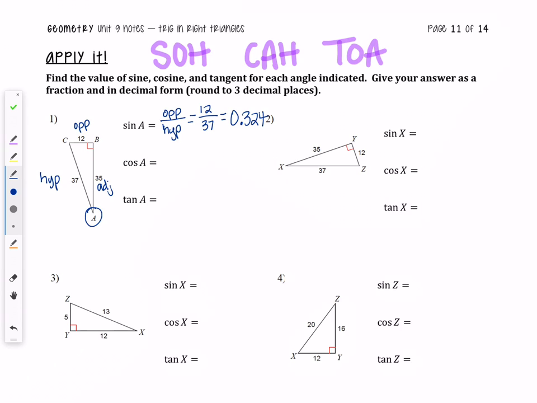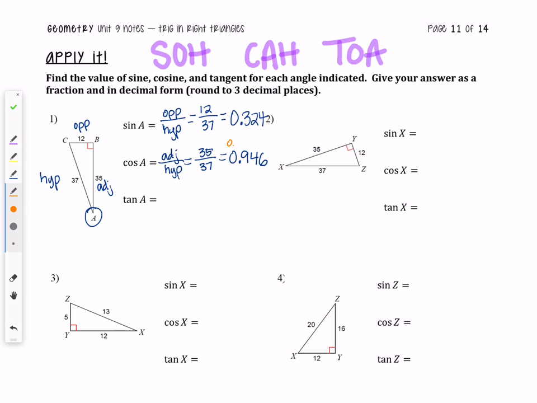So then cosine is adjacent over hypotenuse. And so adjacent here is 35 over my hypotenuse, 37. So when I divide those, I get 0.94, and it rounds to 6, okay?